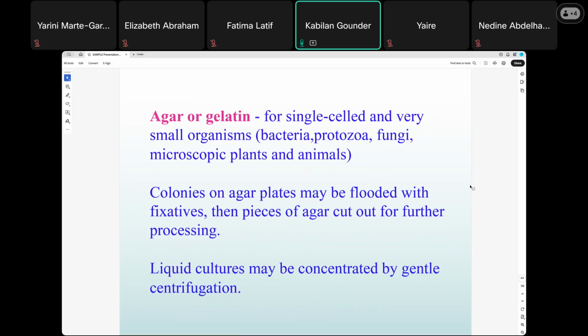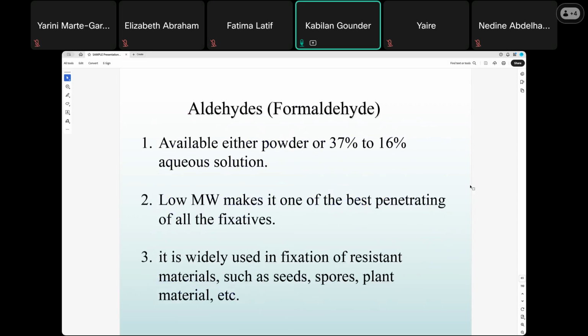Colonies on agar plates may be flooded with fixatives, then pieces of agar cut out for further processing. That's what I explained now. Also, liquid cultures can be centrifuged at each step, and then you process.